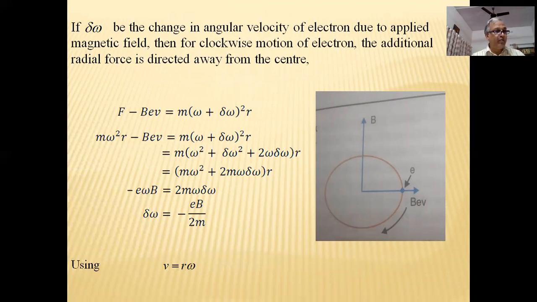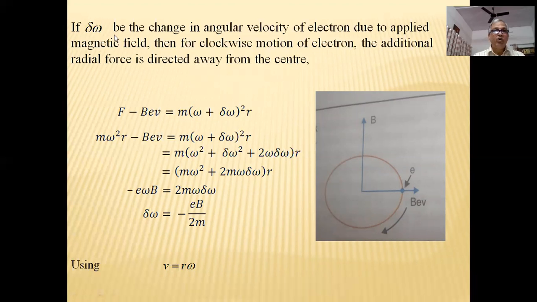The resulting complex motion of the electron subjected to an additional radial force is called Larmor precession. This produces a change in the angular velocity without any change in the form of the orbit.